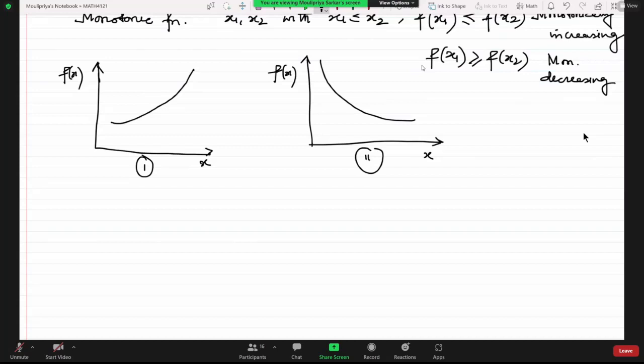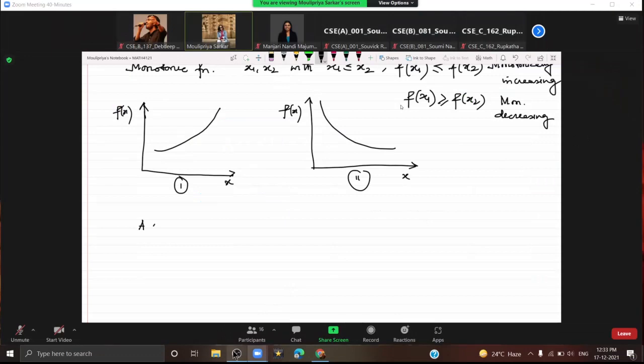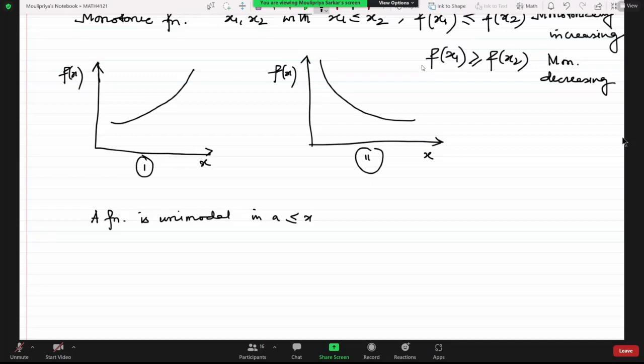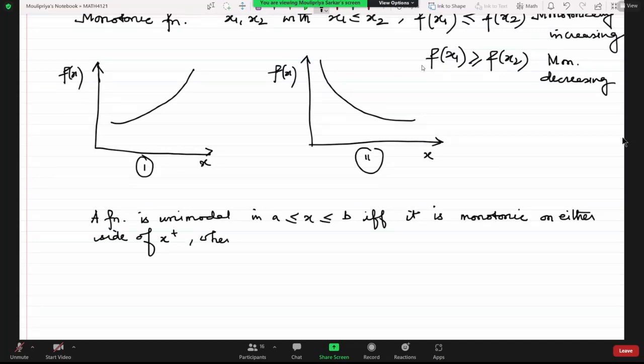Now we will be defining what's a unimodal function. We say that a function is unimodal in A less than or equal to x less than or equal to B if and only if it is monotonic on either side of a point, say x plus, where x plus is the single optimal point.